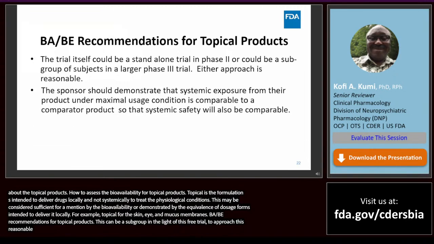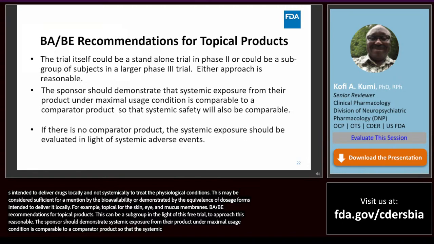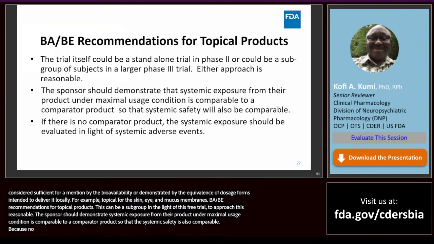The sponsor should demonstrate that systemic exposure from their product at the maximum usage condition is comparable to a comparator product, so that systemic safety will also be comparable. If there's no comparator product, the systemic exposure should be evaluated in light of systemic adverse events.